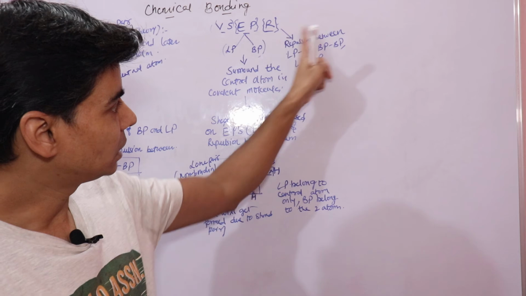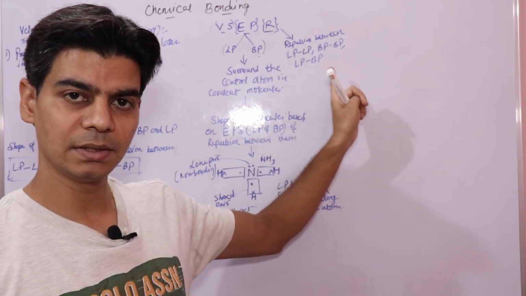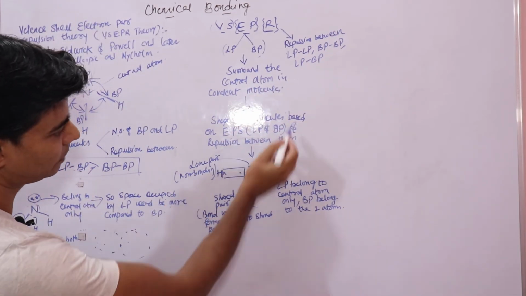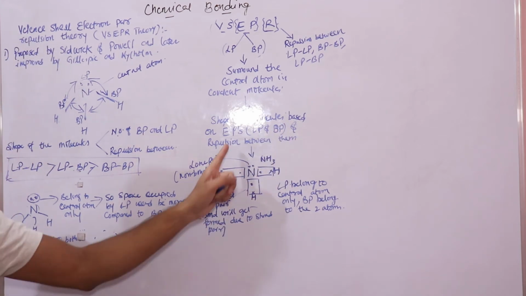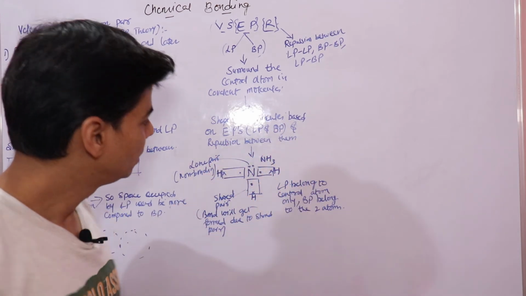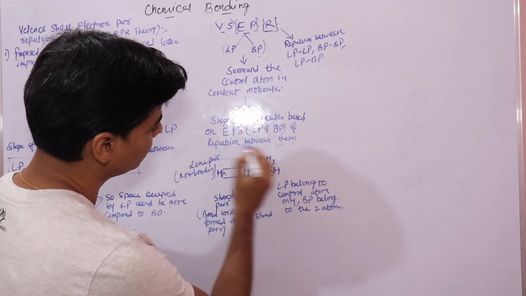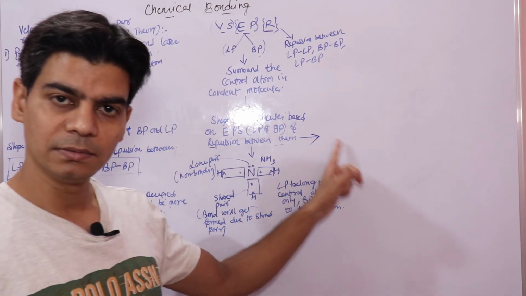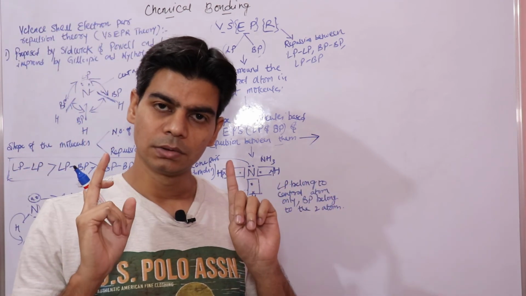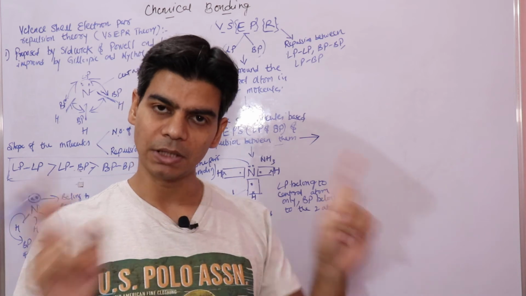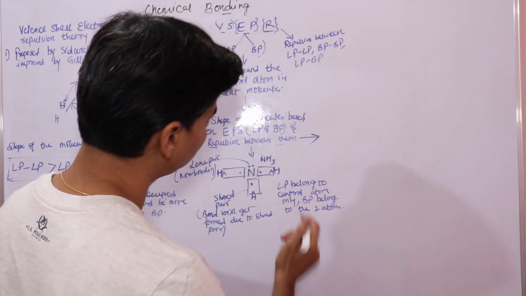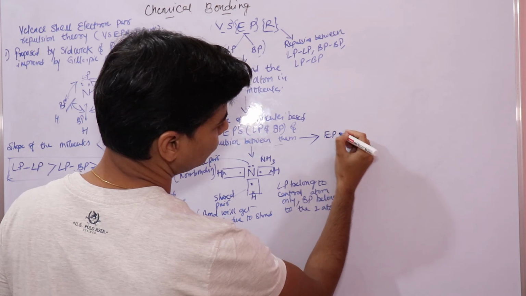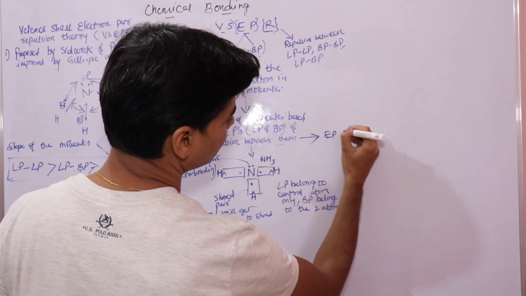Because that's what we were trying to say in the beginning, that the shape of the molecules would be decided by the lone pair and bond pair and the repulsion between them, right? It is due to this repulsion between them that they will arrange themselves so as to have minimum repulsive force, right?